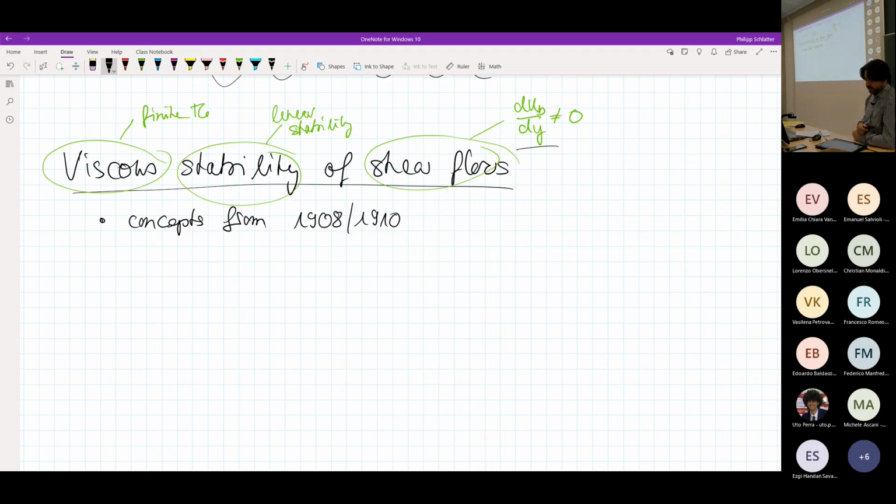These were concepts from the beginning of the 20th century, when people started to realize that we can actually use linearization mathematical tools to analyze these types of flows.